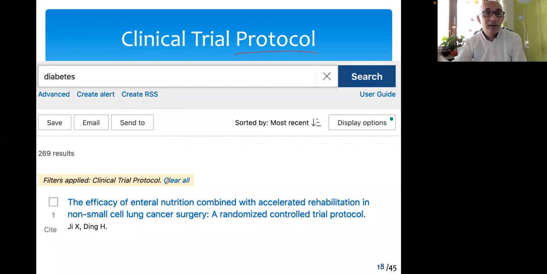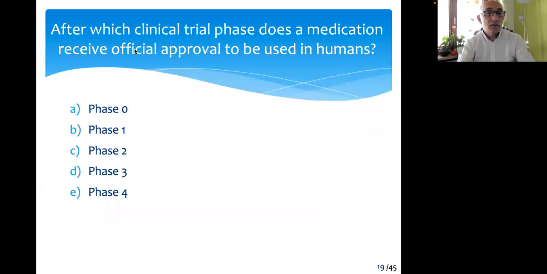And then they do the individual research. So in PubMed, you may also see publications called Clinical Trial Protocol, which is actually the research methodology of a clinical trial, which will be conducted afterwards.